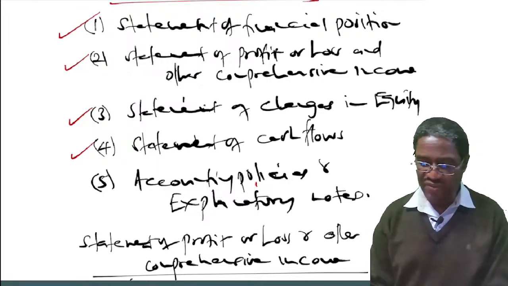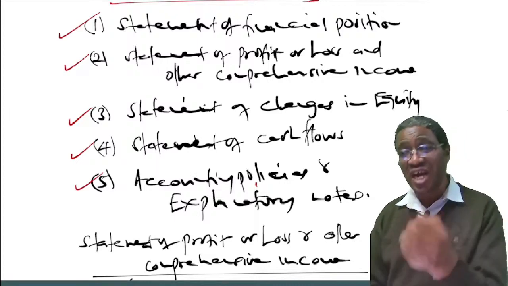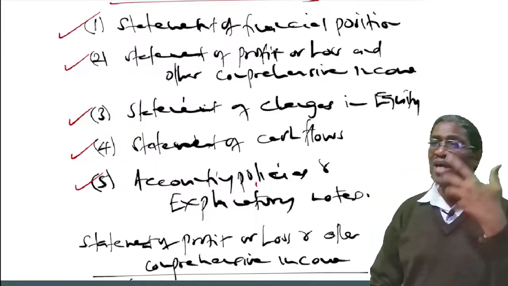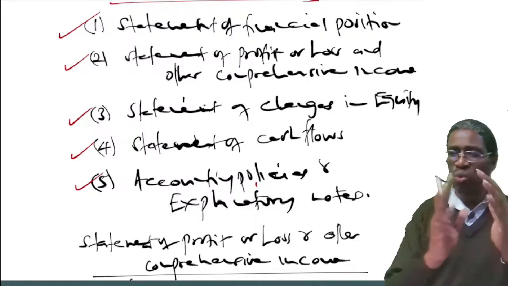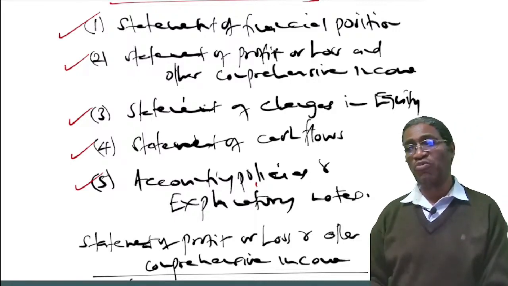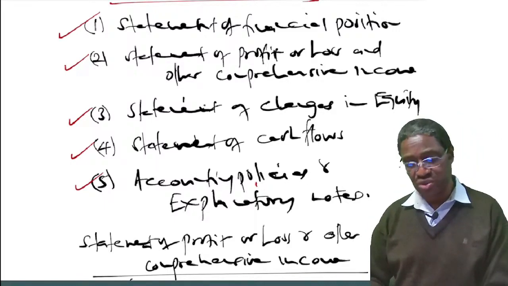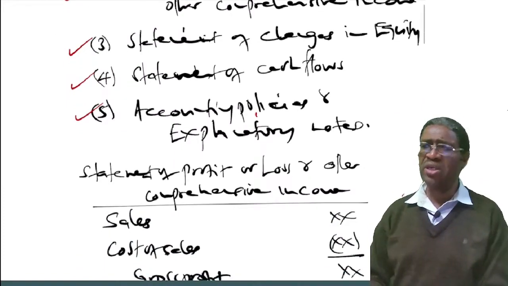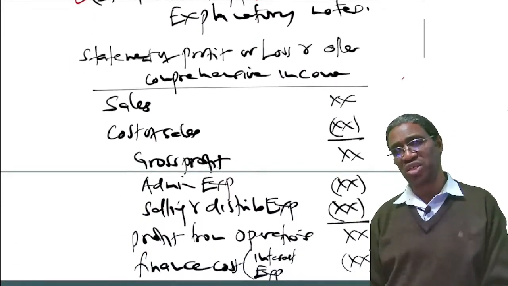And number 5, you're supposed to include all the accounting policies that you as a company have used, and explanatory notes. What accounting policies have you used in the preparation of your financial statements? Good. Those being the 5 components that should be included in a complete set of financial statements.